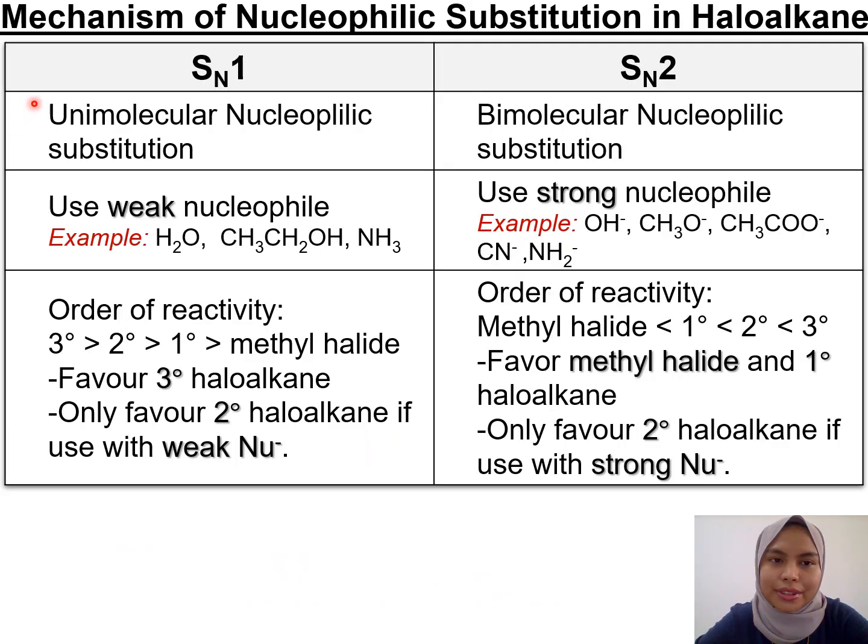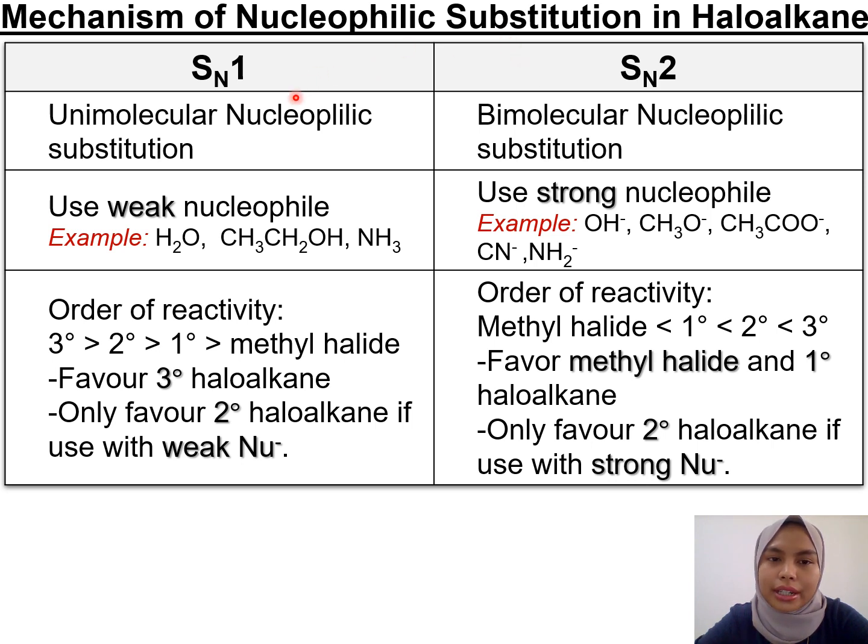Okay, so here's the summary for the mechanism of nucleophilic substitution in haloalkane. Tak adalah summary in full details yet because this is something that you need to know je lah before kita nak buat mechanism for nucleophilic substitution in haloalkane for real. Yang ni just kamu nak kena familiar, get yourself familiar. Kita ada dua jenis mechanism in the nucleophilic substitution in haloalkane, which is SN1 dan juga SN2.